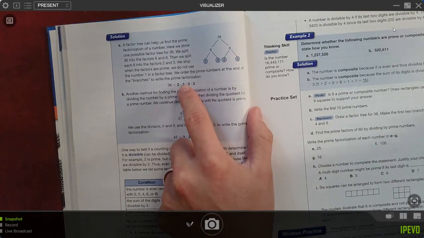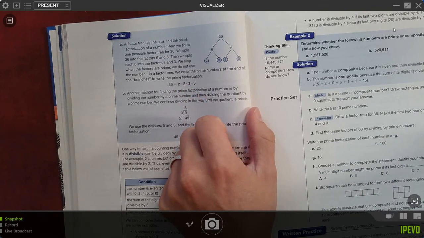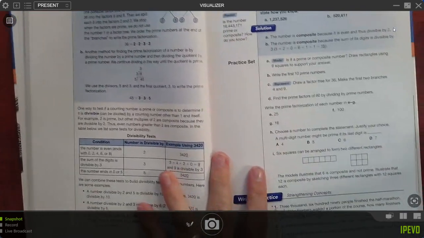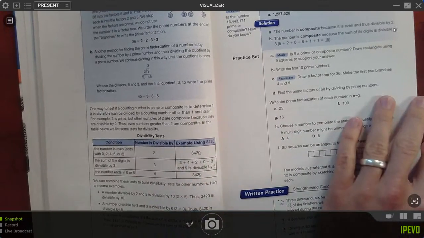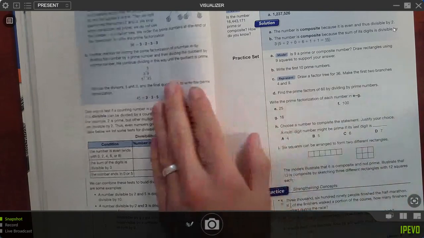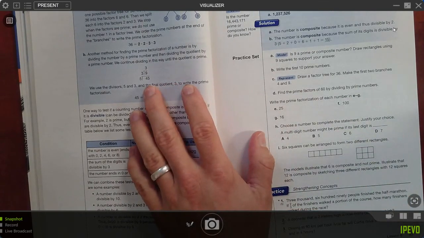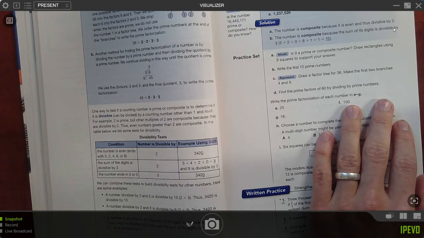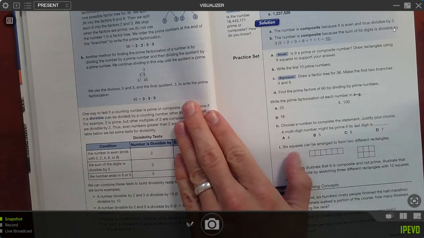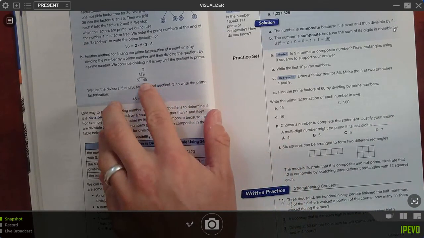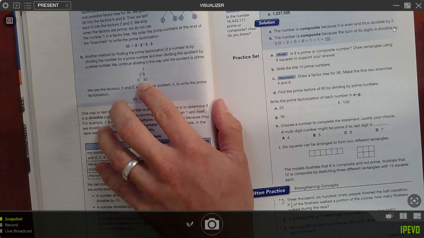A good way of breaking it down to get your prime factorization, especially for evens, is making a number tree where you just cut it in half. Odd ones, you're going to struggle a little bit more. You're going to look for whatever number you know can divide into it. So for 45, you can bust that into, yeah, just constantly dividing the number by any prime numbers is a good way to do this.